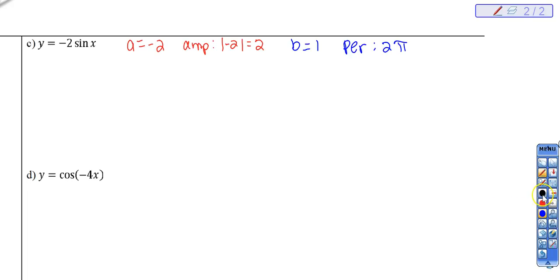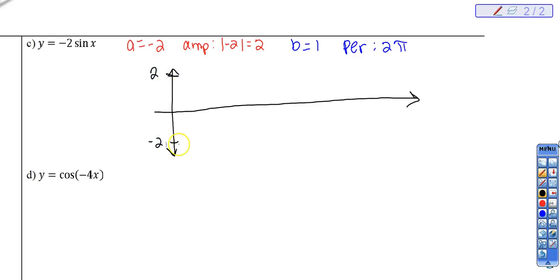So when we draw our graph, it's really useful to know where you're going to cap off your y-axis. Since your amplitude is stretched, we're going to go to 2 and -2, right? But our 2 pi is not going to change, so we can just go ahead and do one full cycle from 0 to 2 pi, and that will be acceptable. Okay?